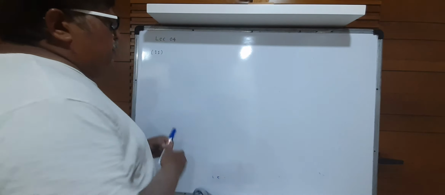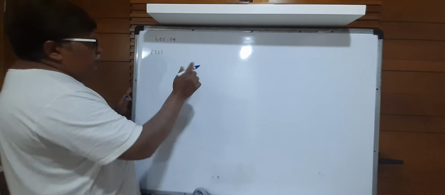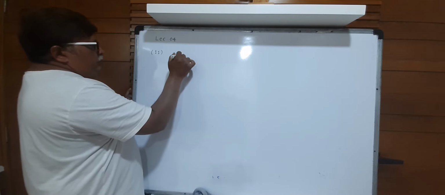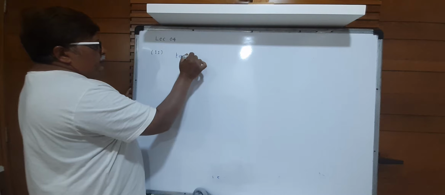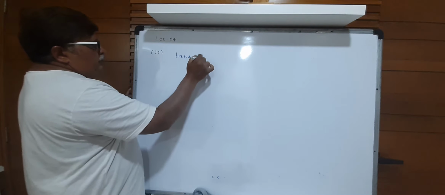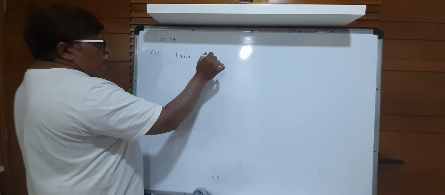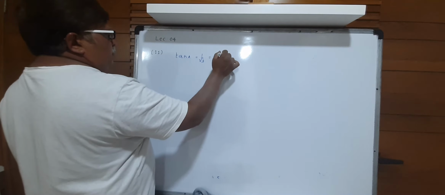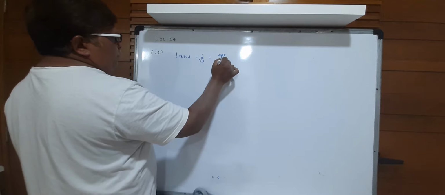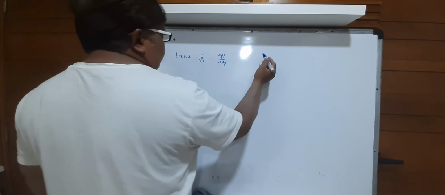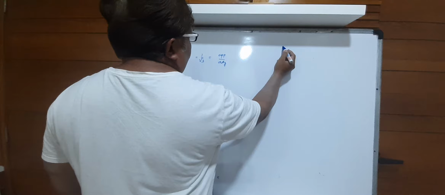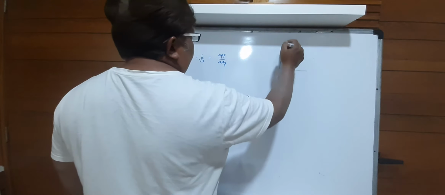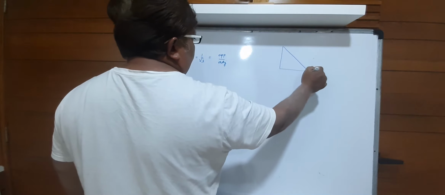See, dear student, the example is not so complicated but demands your attention. Okay, tan A. It is given 1 upon root 3. What is the formula for tan? Opposite upon adjacent, as you know. Just like in the previous example, a simple triangle is going to help you.